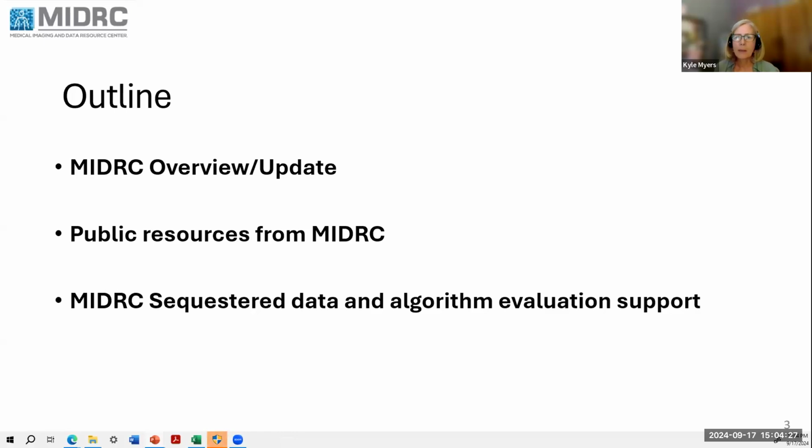Then I'm going to talk about some public resources from MIDRC that are positioned to facilitate the evaluation and translation of your algorithms with MIDRC support. And the last third of my presentation will particularly focus on the sequestered data that has been set aside by MIDRC to support the algorithm evaluation for your tools.